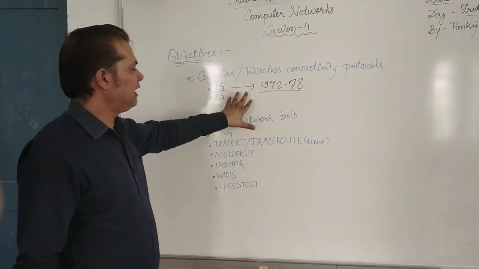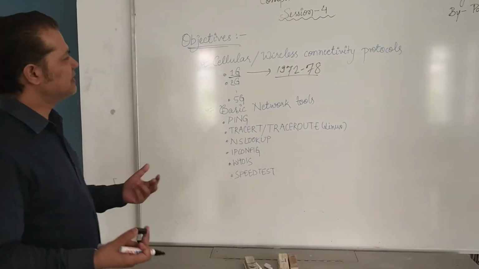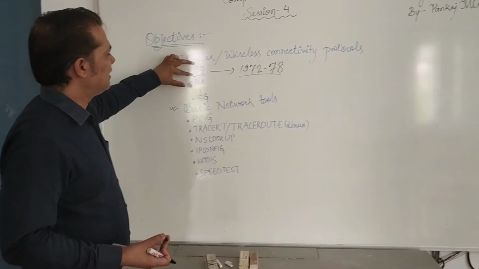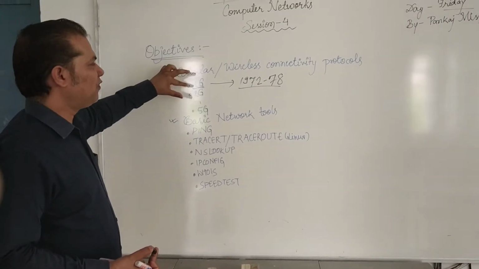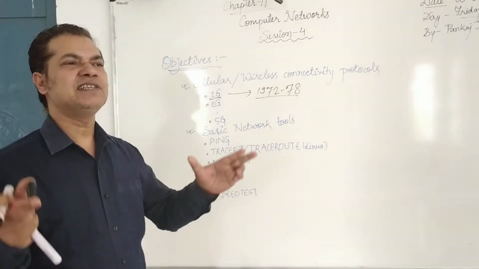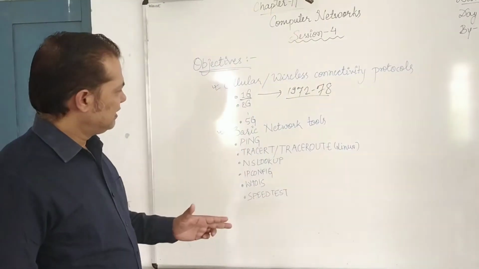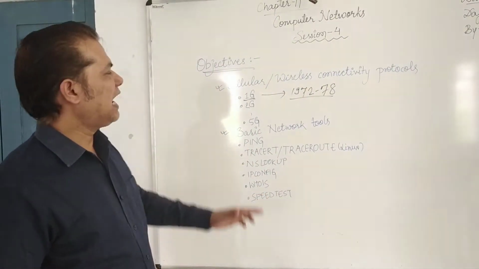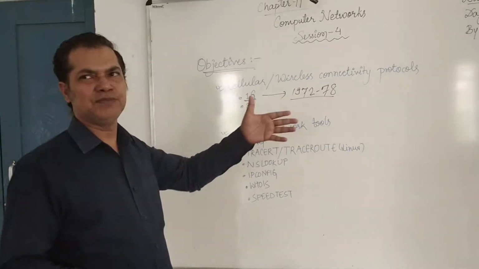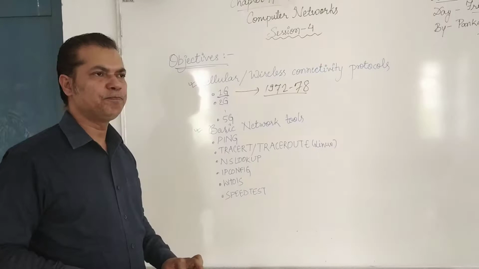It was only able to communicate with others, and we started using cellular mobile technology in the form of first G. G means, in capital, you have to write, generation. Time to time, different technologies have been developed by scientists, and that's why different generation names have been given.